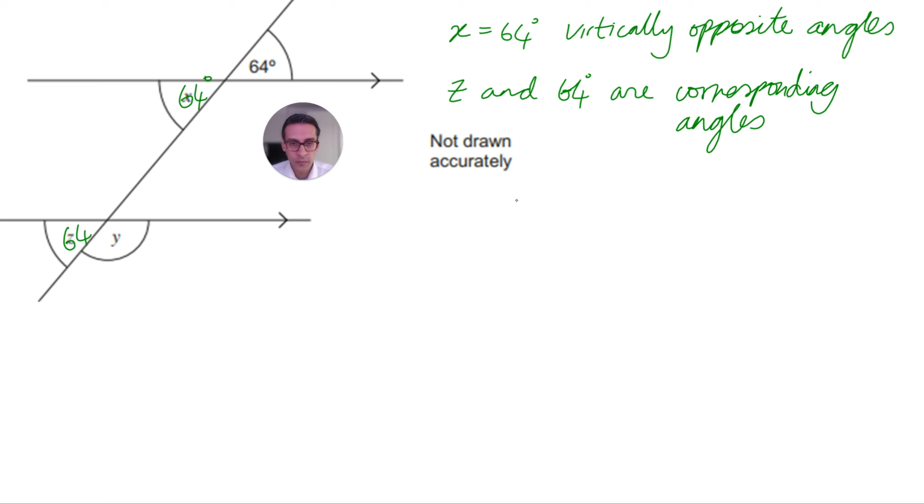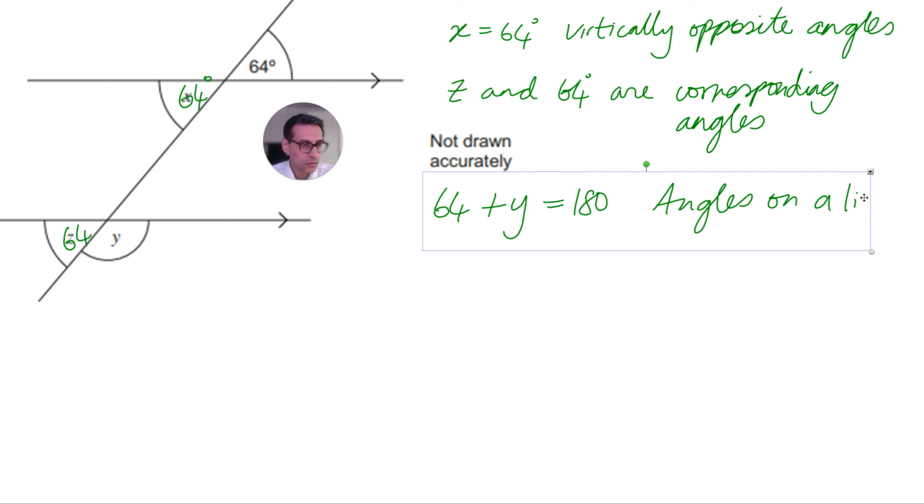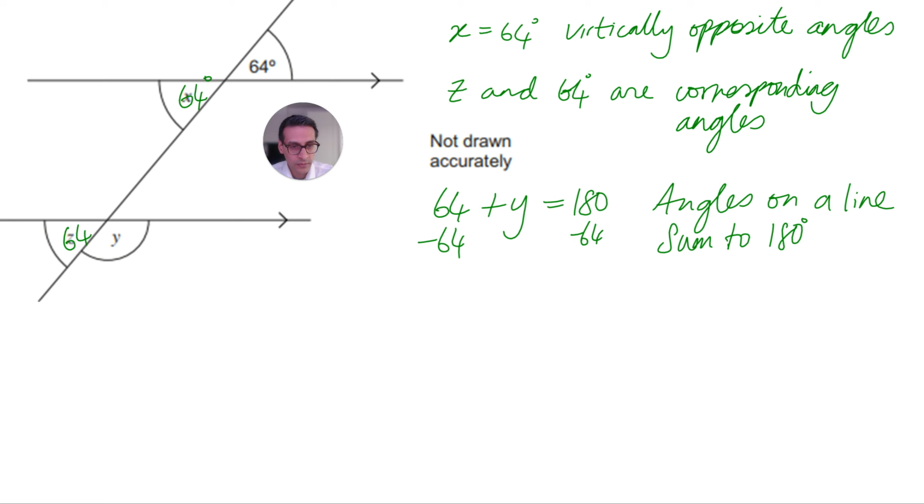And then 64 plus y must equal 180 because angles on a line sum to 180. So we're going to take away 64 from both sides. So y is equal to 180 minus 64, which is 116 degrees.